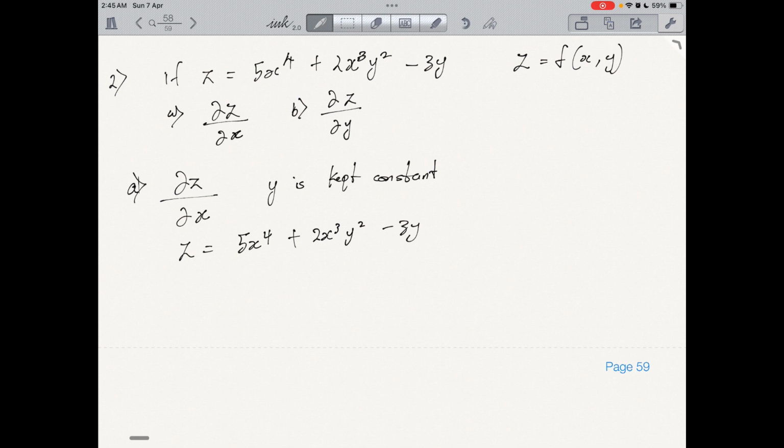In this case, we have 2y squared kept constant, and here we have 3y kept constant. So let's rewrite this to give us 2y squared times x raised to power 3, and this is 3y times 1.